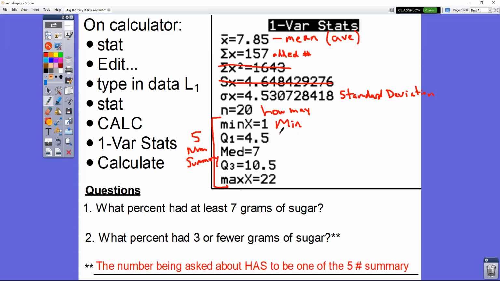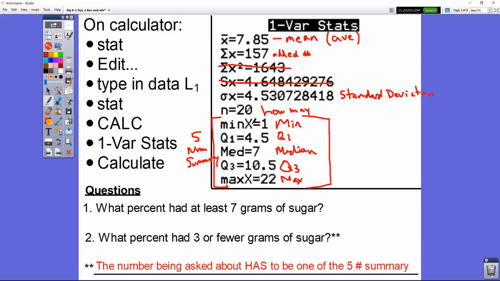Here is quartile 1. This is the median, which is your middle number in the data. This is your quartile 3, and then this is your max number. You need these 5 things from your 5-number summary to make your box and whisker plots.